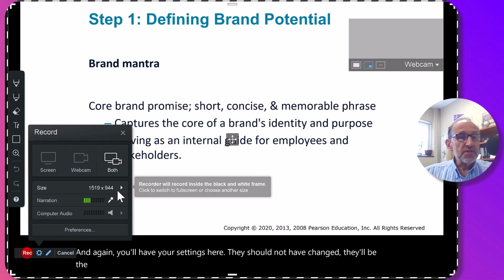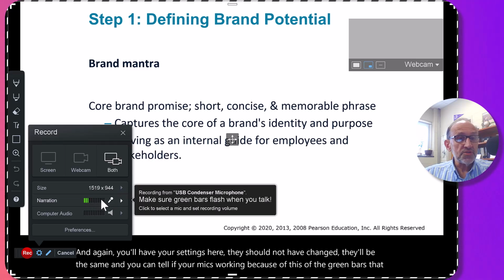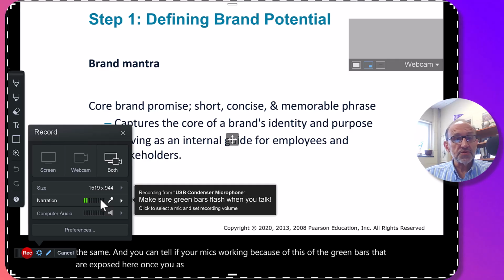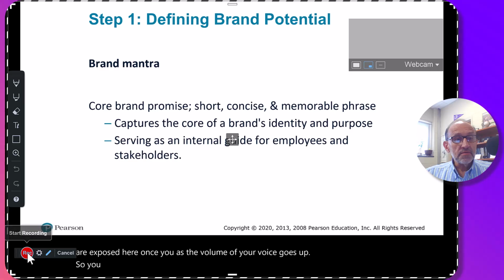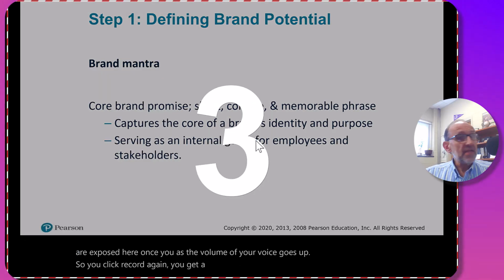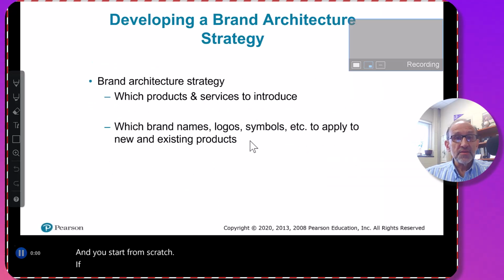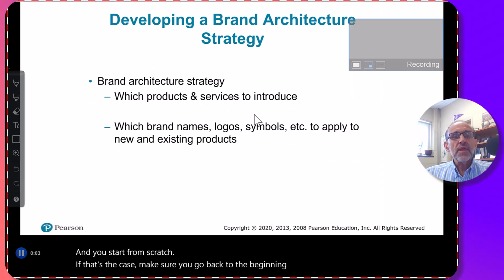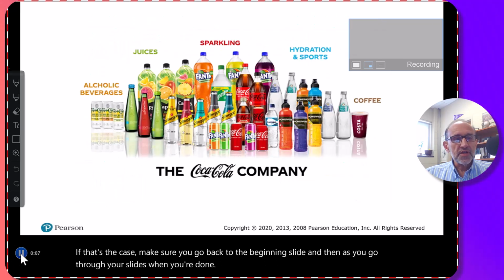And you can tell if your mic's working because of the green bars that are exposed here as the volume of your voice goes up. So you click Record again, you'll get a countdown, and you start from scratch. Make sure you go back to the beginning slide. And then as you go through your slides, when you're done, you just click Pause.